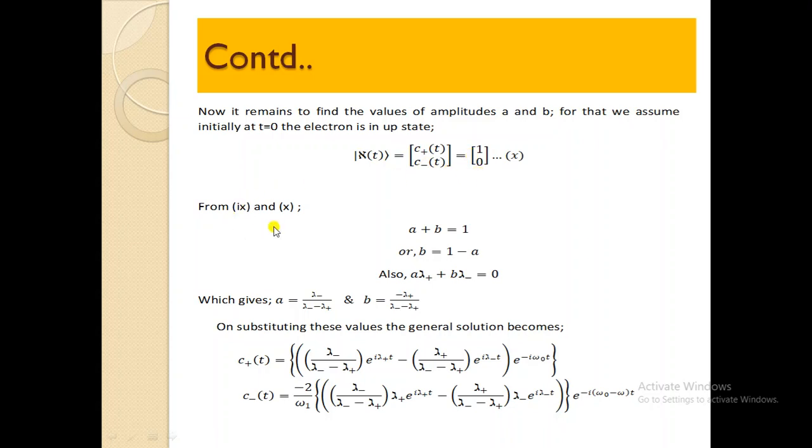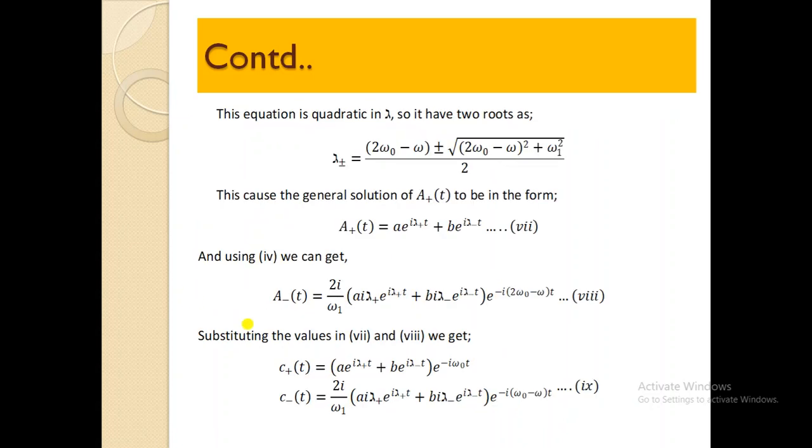So from this, c plus t and c minus t we have found here. In place of c plus t we can put 1, and in place of c minus t we have to put 0, and in place of t we have to put 0.